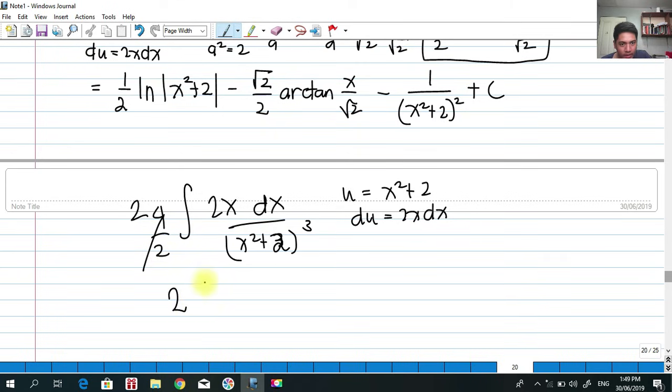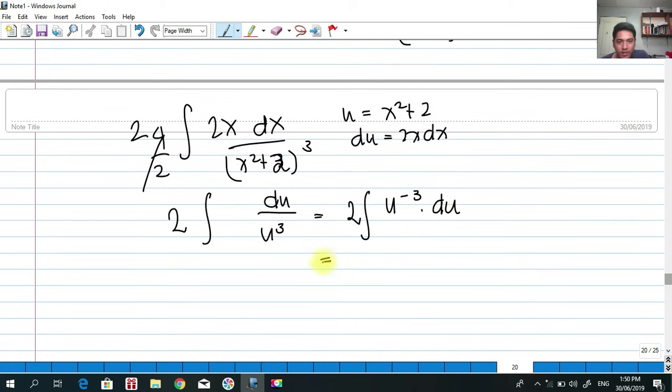And what will happen? We will integrate now. This is du, and this is u cubed. So in order for us to integrate that, we have u raised to negative 3 times du. If we integrate this, this should be equal to u raised to negative 2 over negative 2 plus c. So this would cancel, leaving a negative sign here.